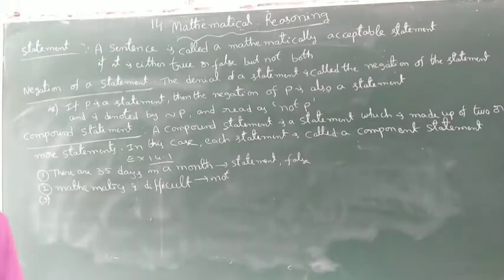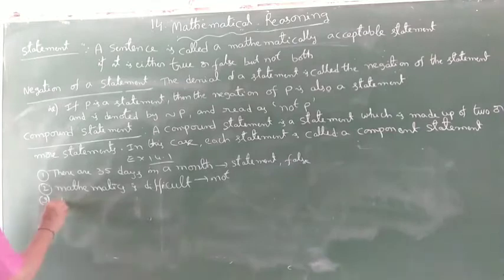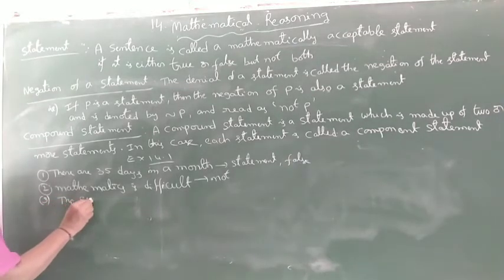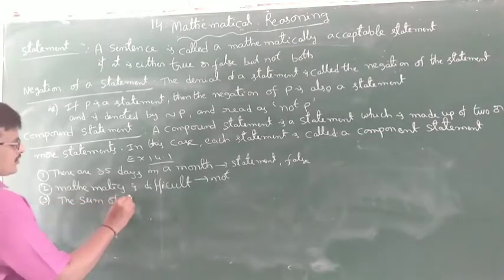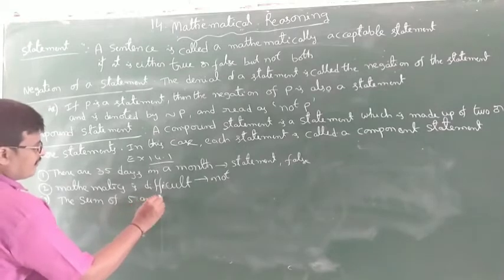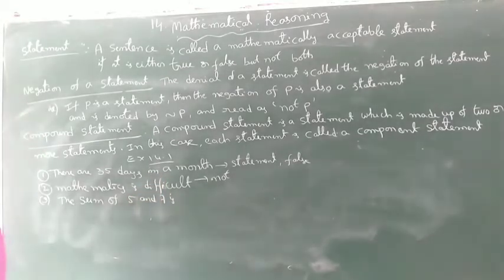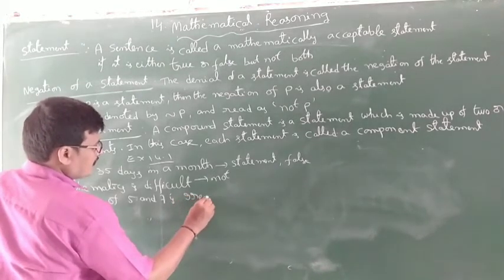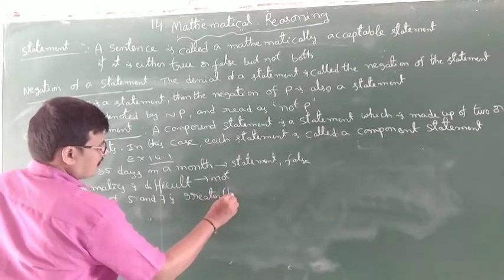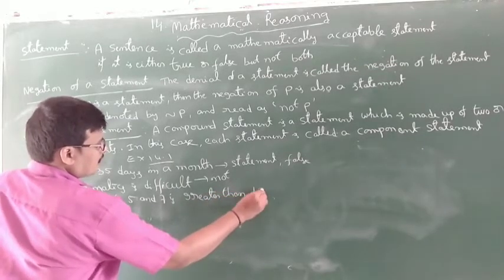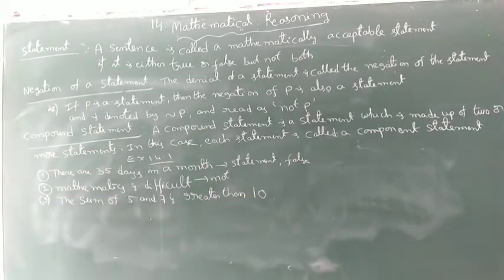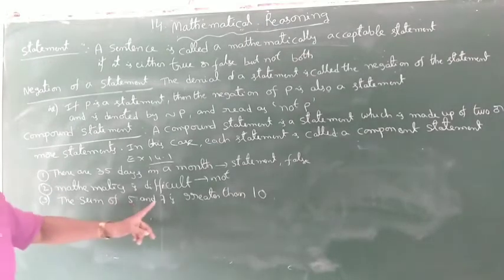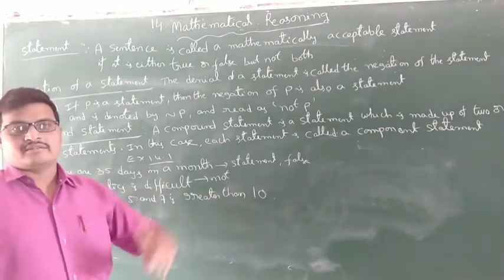Next, the third one: The sum of 5 and 7 is greater than 10.